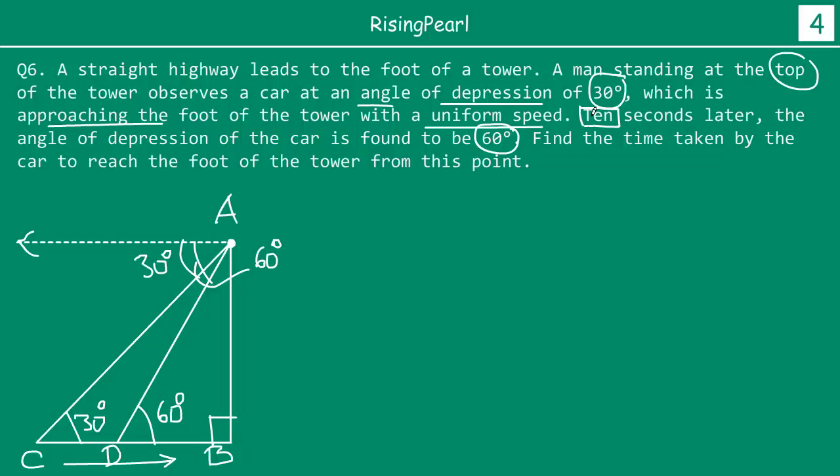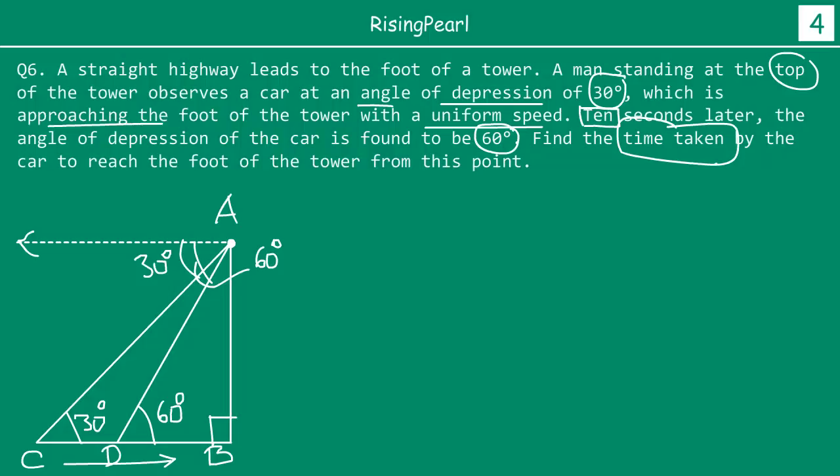So the question that we are asked is, find the time taken by the car to reach the foot of the tower. We have to find out how long it will take for the car to get to the foot of the tower. This is an interesting question in the sense that it is not asking us directly to measure any distance.